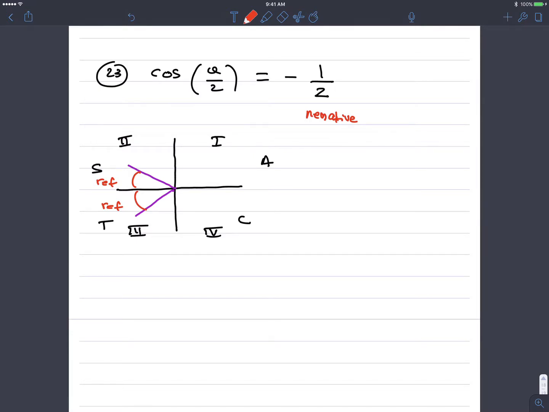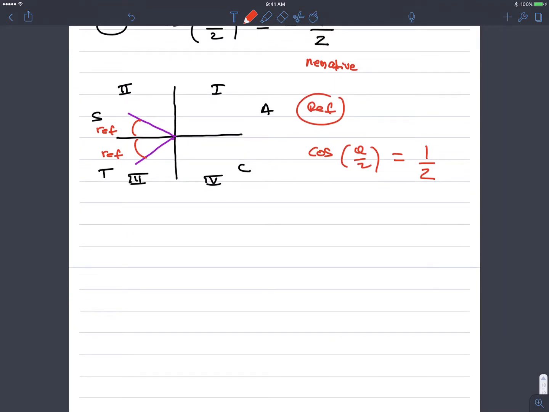All right, now how do we find that reference? You guys know? You're going to take cosine of theta over 2 actually being positive 1/2. So if it's positive 1/2 now, right?